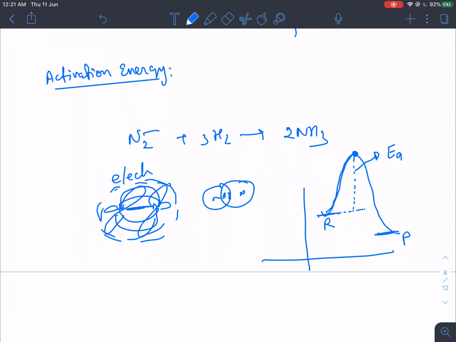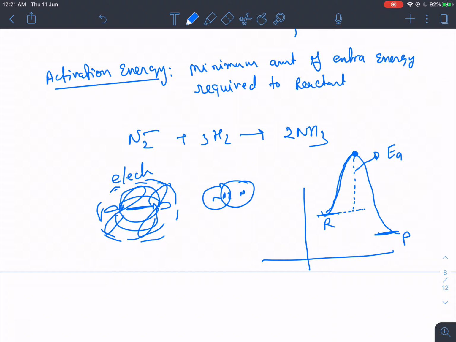You can say that activation energy is the minimum amount of extra energy required by a reactant molecule to form product.